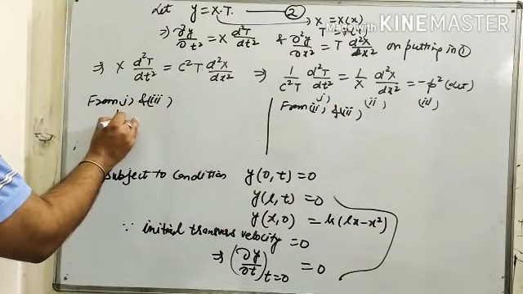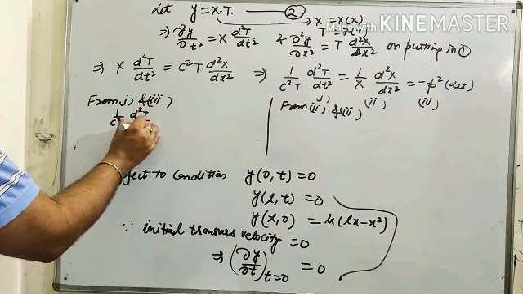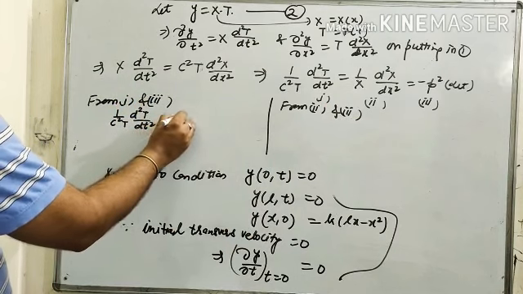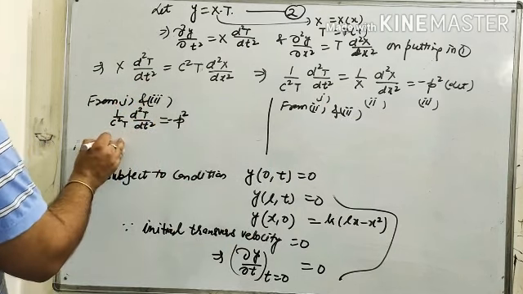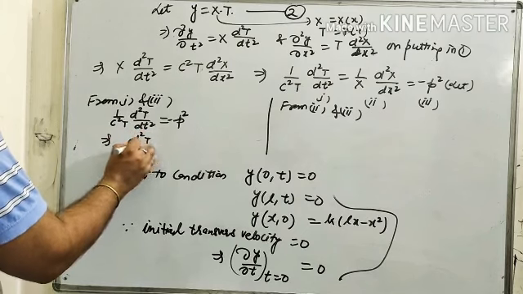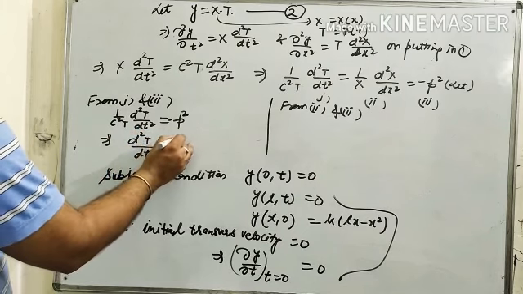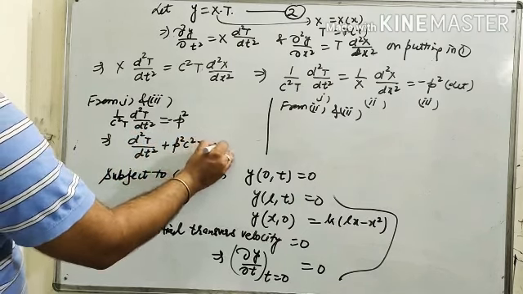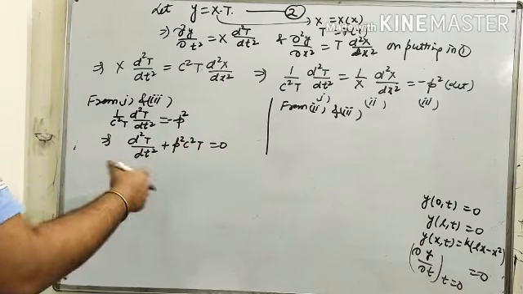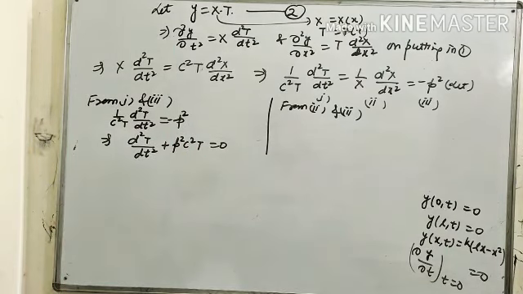So 1 upon c square T d2T upon dt square is equal to minus p square, or we can write it as d2T upon dt square plus p square c square T equals 0. Since this is a linear equation with constant coefficients, we have to solve it as an ODE, ordinary differential equation.